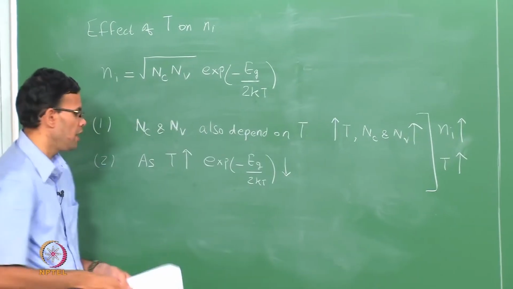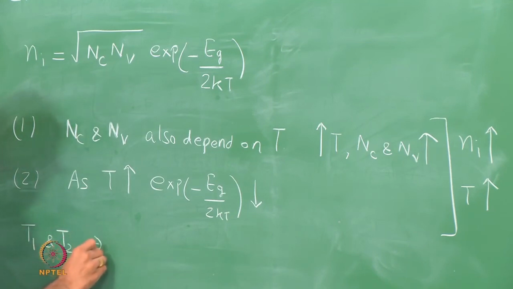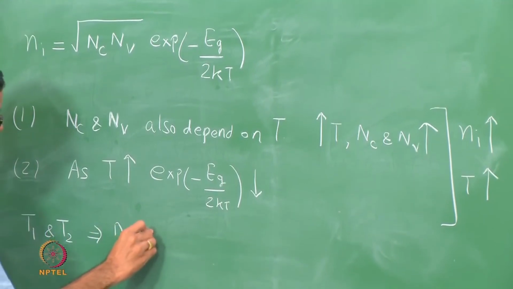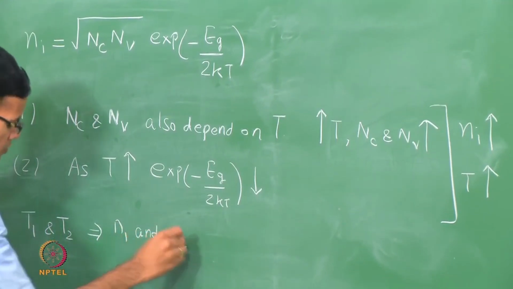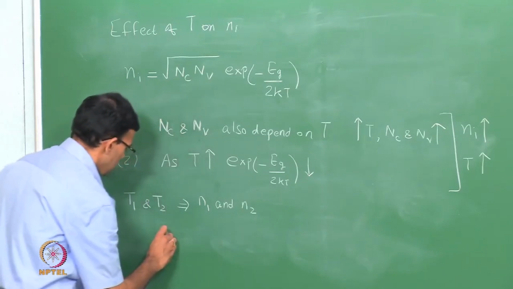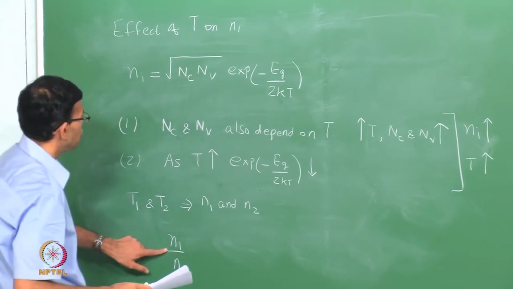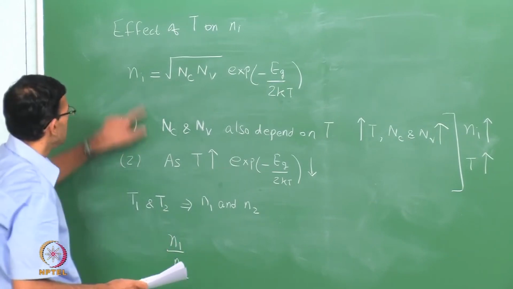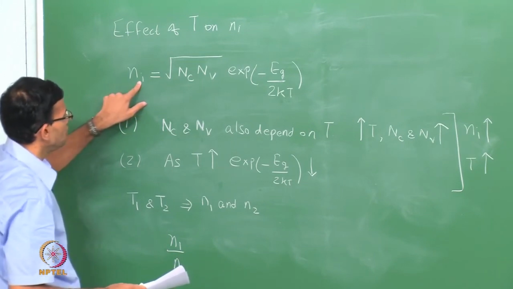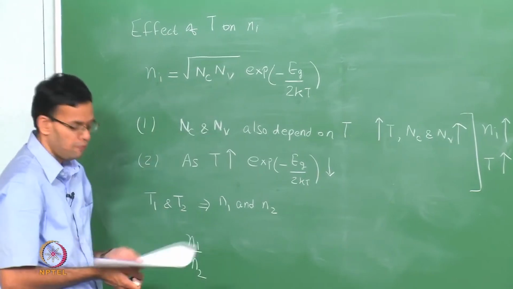So, consider the case of silicon where we have two temperatures T1 and T2 and two intrinsic carrier concentrations N1 and N2. In this particular case, you can calculate the ratio of N1 and N2 by substituting them in this equation and also taking the temperature dependence of Nc and Nv into account.